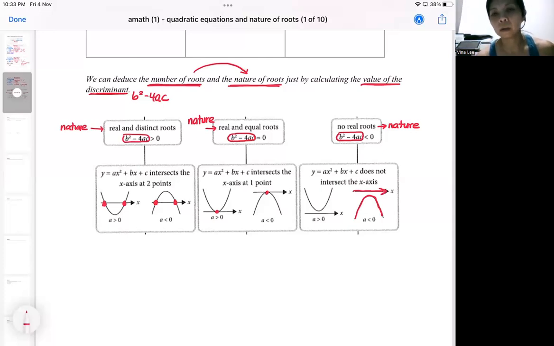So this is a very conceptual thing. There are only 3 situations, but how good you are depends on your theory on the discriminant. So I repeat, we are not concerned about the value of the roots. We are concerned about the nature of the roots, which we can deduce from the discriminant. Or it can be the other way around: from the discriminant, we can deduce the number of roots.